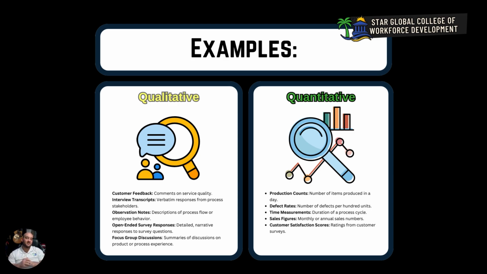Quantitative data is going to be things such as production count, the number of units, defect rates, and time measurements. We talk about that during value stream mapping, those metrics such as cycle time, takt time. You know, sales figures or monthly revenue. And then lastly, customer satisfaction scores, as you can use those as quantifiable measurements.